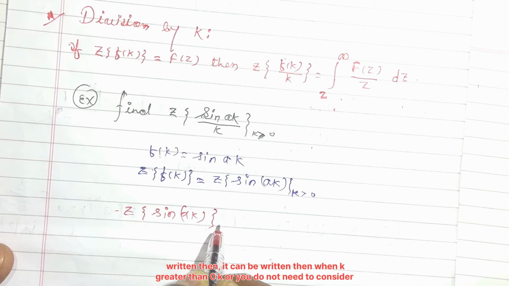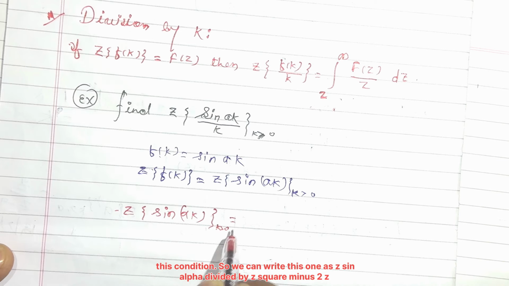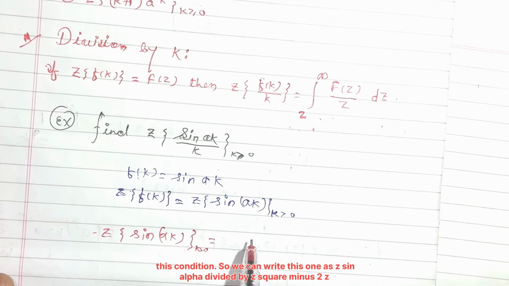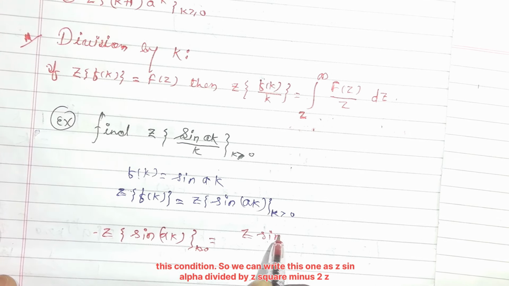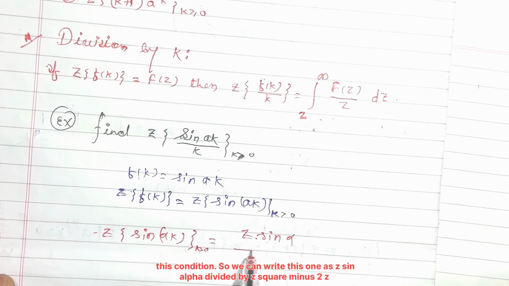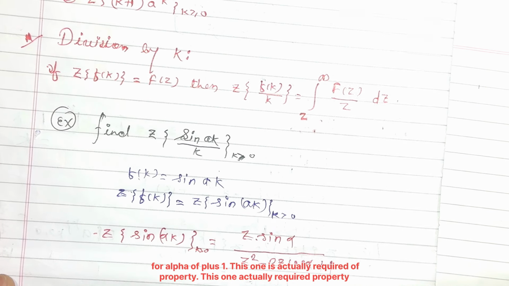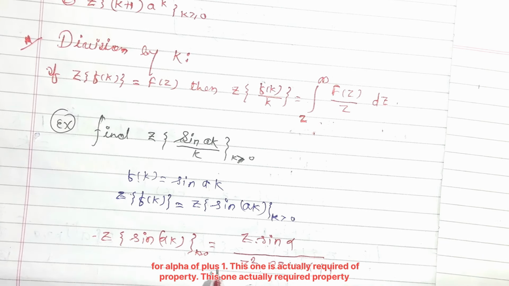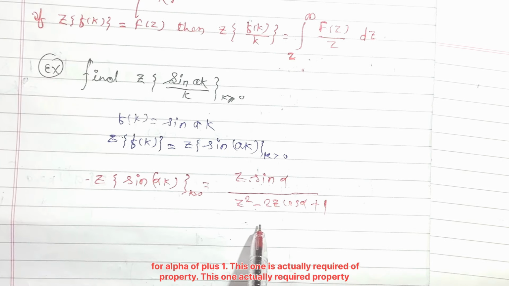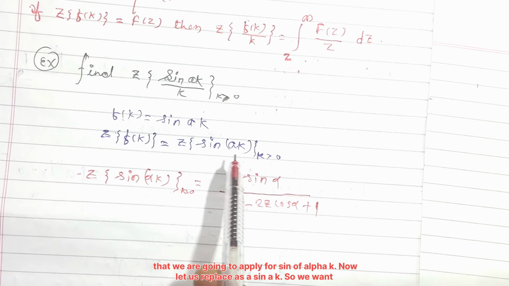Let me write that property here: the Z transform of sine of alpha k, when k is greater than 0, or you don't need to consider this condition, is z sine alpha divided by z squared minus 2z cos alpha plus 1. This is the required property that we are going to apply for sine of alpha k.